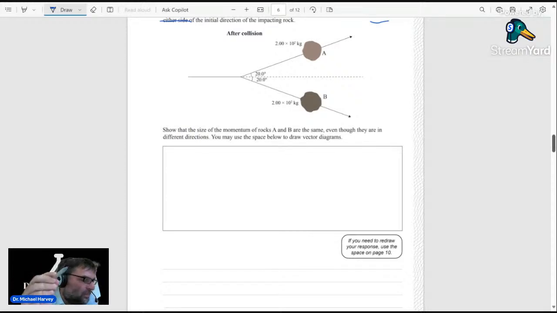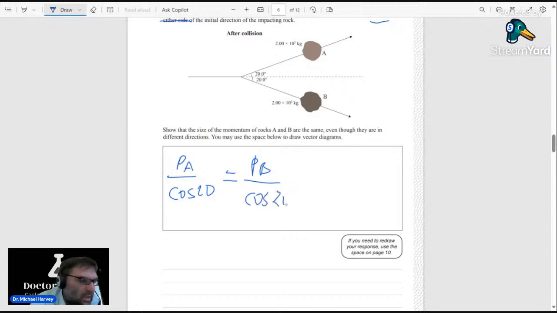The momentum of A divided by cos of 20 equals the momentum of B over the cos of 20.